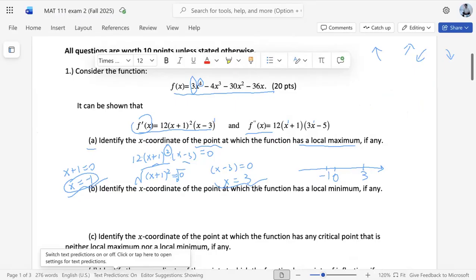These two critical numbers split the x-axis into 3 intervals, right? From -infinity up to -1, then from -1 up to 3. We don't really need 0 here. Then from 3 up to positive infinity. So two critical numbers split the x-axis into 3 intervals: the first interval, second interval, third interval.